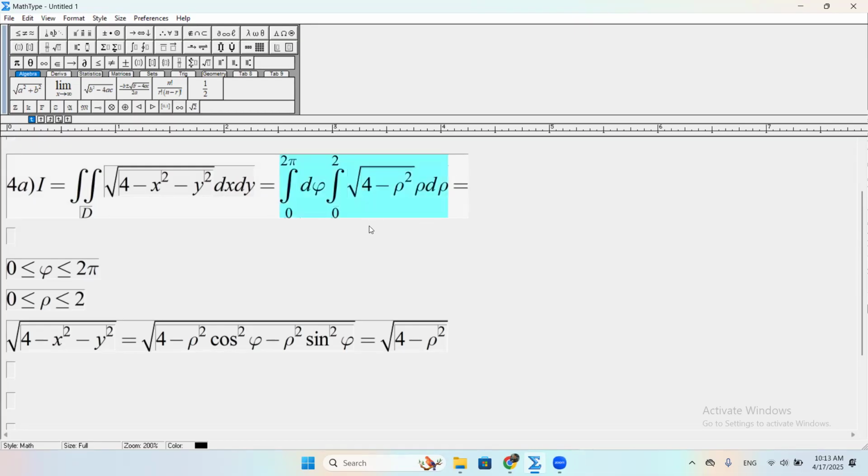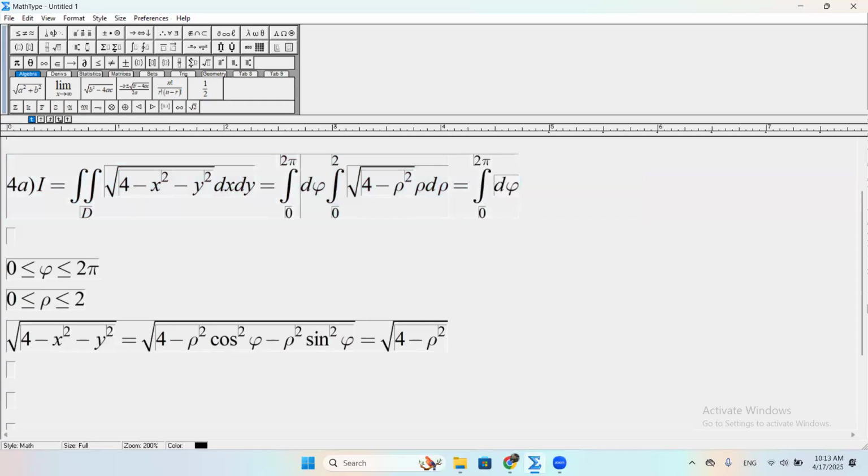So let's calculate it. By the way, we see that the limits of integration don't depend on each other, and also the integrand contains only one variable, rho. So we can rewrite it as a product of two independent integrals.